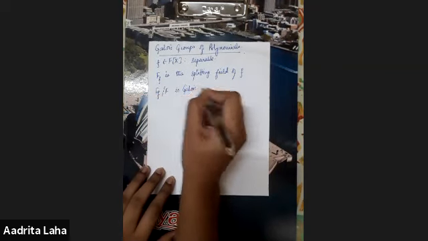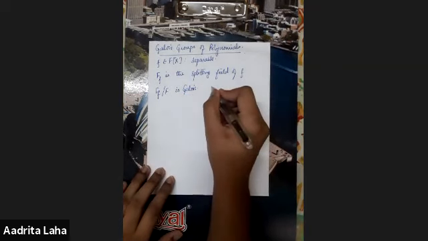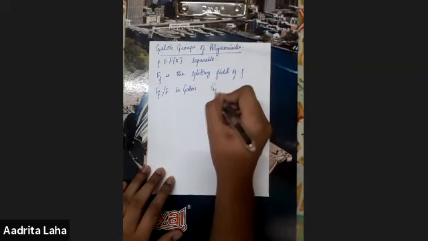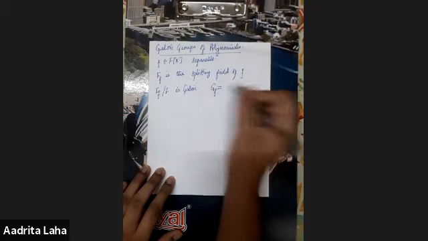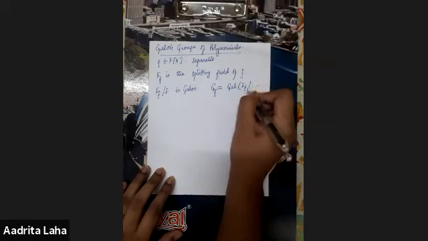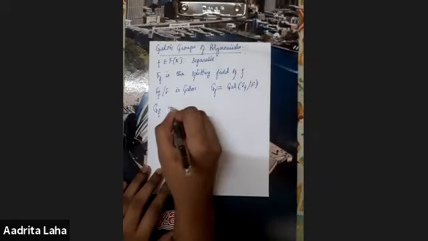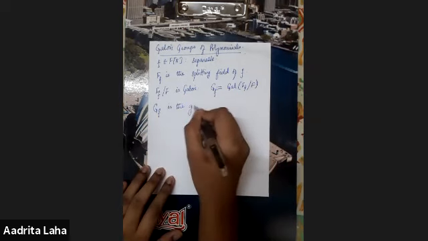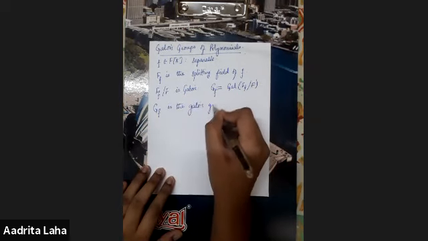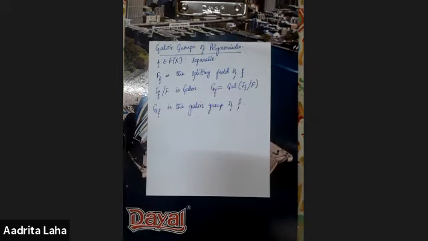Because it's a splitting field, it is Galois, and hence we can define G_f to be the Galois group of E_f over F, and this G_f is the Galois group of f.